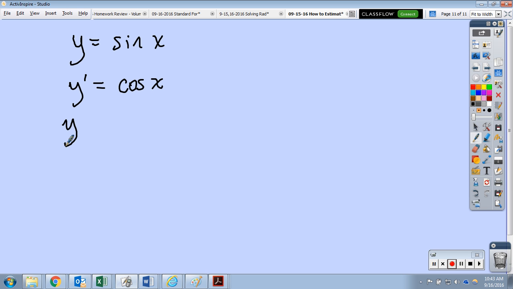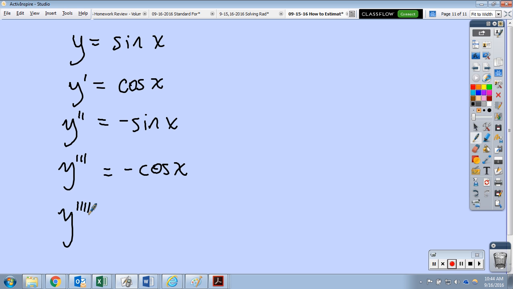What would the second derivative be? Negative sine x. And the third derivative? It would be negative cosine x. And the fourth derivative would be equal to positive sine x. We're going to repeat back where we started.